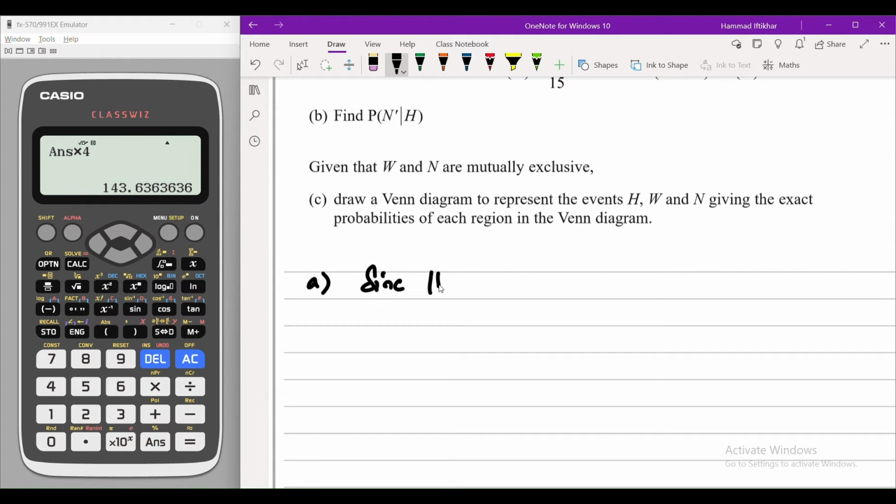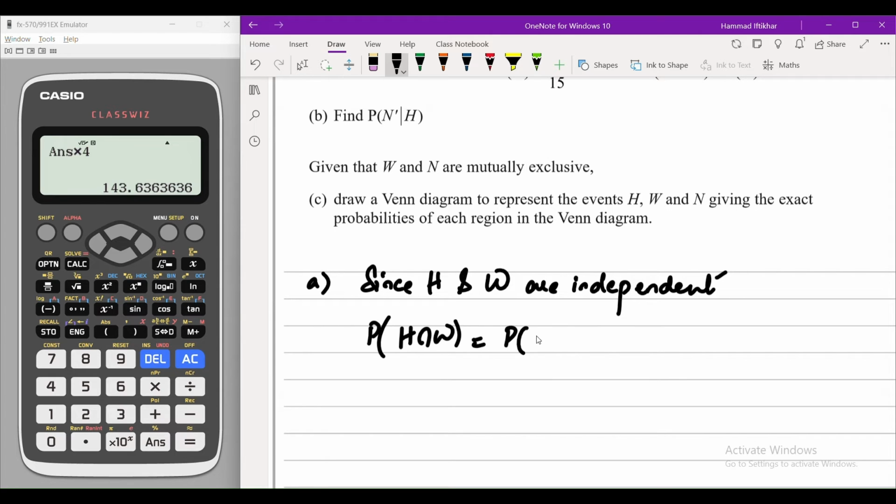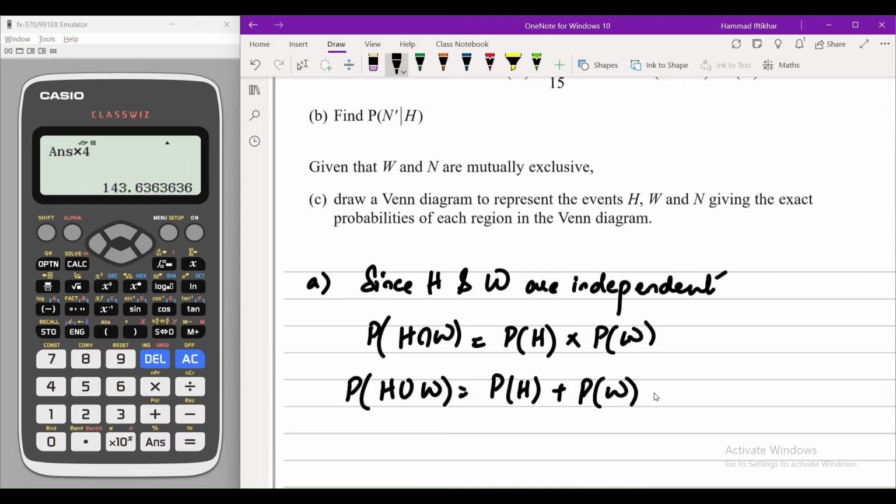Since H and W are independent, probability of H intersection W is just the product of their individual probabilities. So probability of H union W would then be probability of H plus probability of W minus the product of probability of H times probability of W.